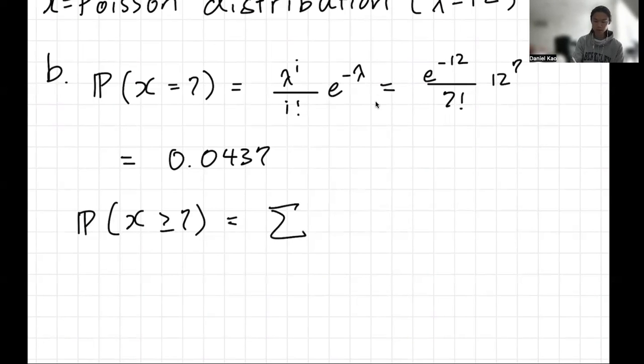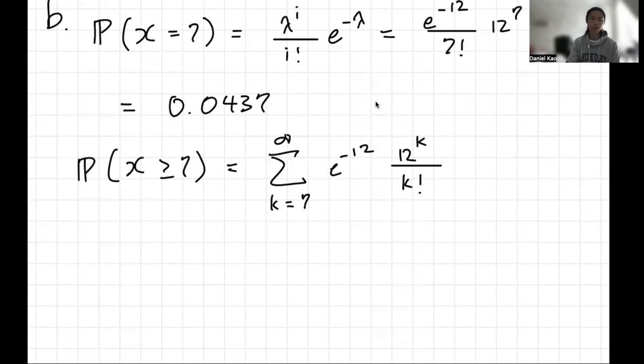The sum from k equals 7 to infinity of e to the negative 12 times 12 to the kth power over k factorial. The problem with this, obviously, is there's no clean way to solve it.